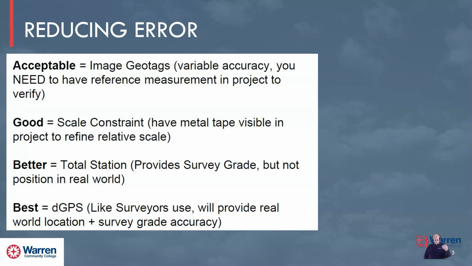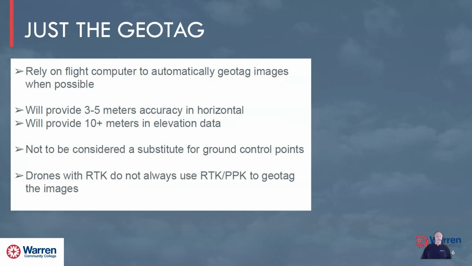And again, your access to this in the field, it won't probably be there for the most part, unless you go to work for a huge surveying type company and you're going through all this. Most of the time, you're going to be in the acceptable to good area, and it's pretty good.